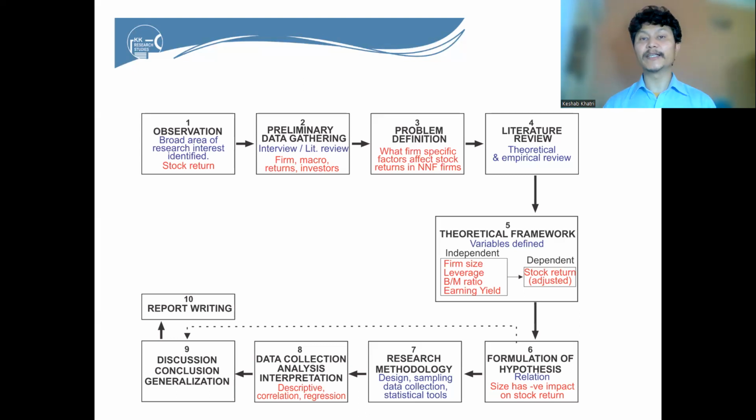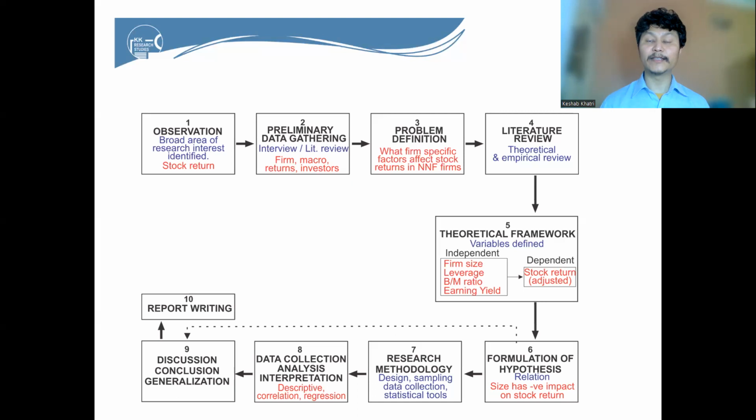So normally in quantitative studies, we know the dependent and the independent variables, so we develop the hypothesis so that the hypothesis can be tested through the statistical measures at the end. So here in this case, while formulating the hypothesis, our hypothesis, for example, could be like firm size has negative impact on the stock return.